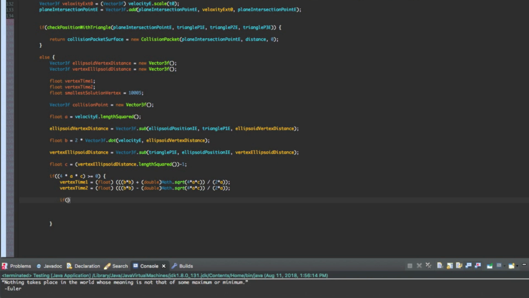So now if vertex time 1 is less than vertex time 2, so it is the smaller of the two solutions, and vertex time 2 is less than T1, see that should be vertex time 1, and vertex time 1 is greater than or equal to T0, and vertex time 1 is less than the smallest solution vertex, or smallest solution vertex is equal to 10,005.